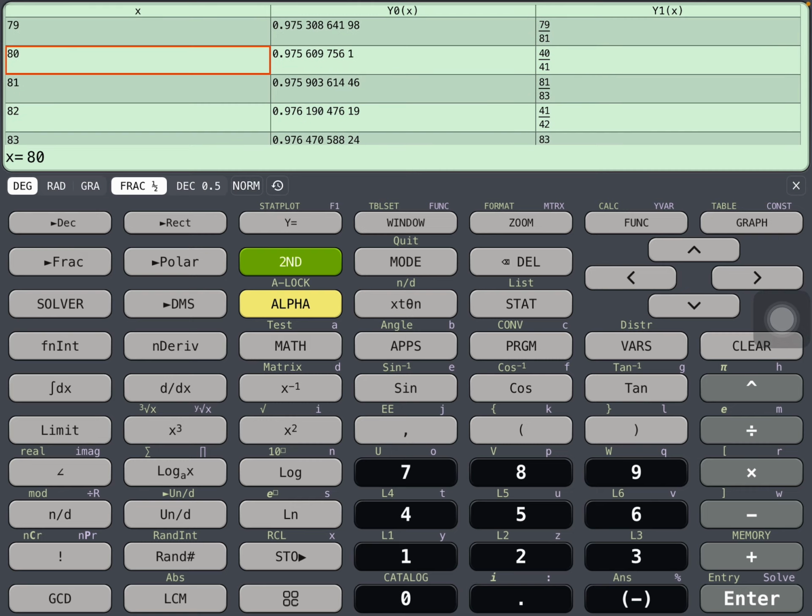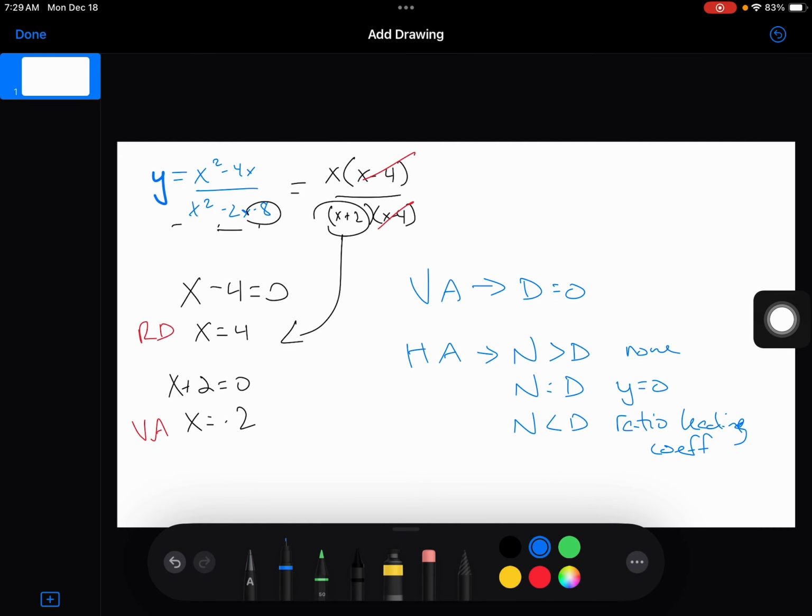And so what that means is, back here on this screen, we've confirmed that when the degree of the numerator equals the degree of the denominator, then y doesn't equal 0. We have a ratio of leading coefficients. So see, we just confirmed something there on the graphing calculator.